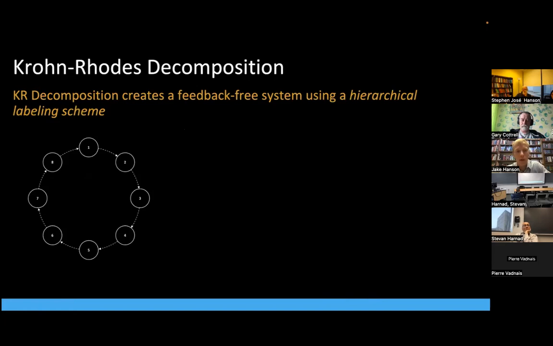Under the Krohn-Rhodes theorem, you have a different way of encoding, where you choose your encoding very carefully so that your first bit doesn't depend on the state of later bits in order to operate correctly. Your first bit here is just even or odd. It keeps track of whether the state is even or odd, and because of that, that bit just flips back and forth, and it doesn't matter what your later bits are for that bit to update properly.